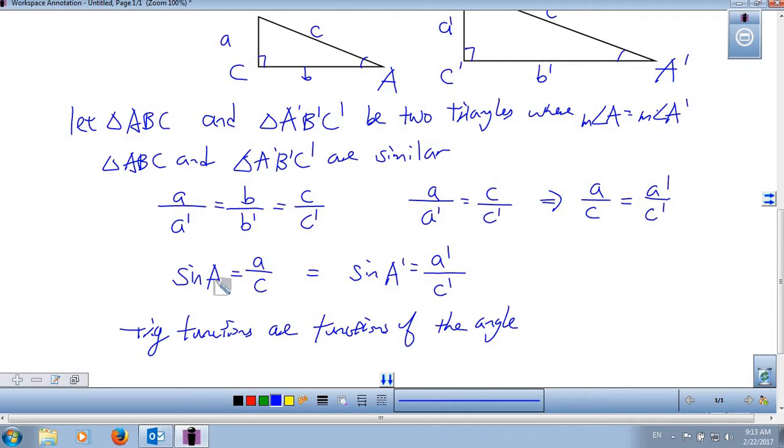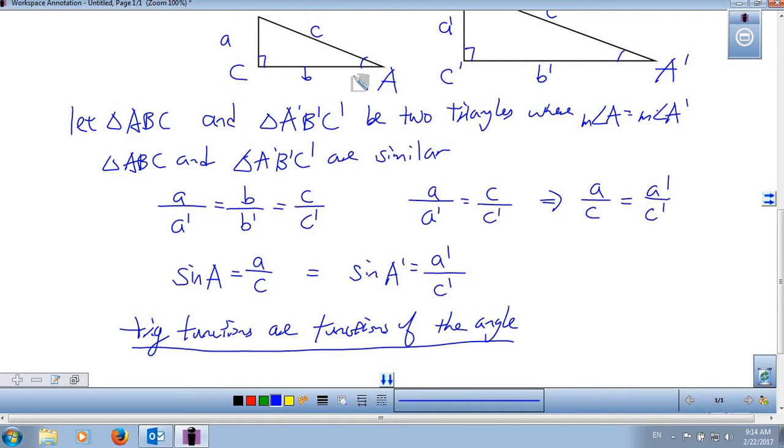If angle A is 35 degrees, and this angle A prime is 35 degrees, then it doesn't matter what kind of triangles they are in, they would have the same value for their sine, cosine, and tangent, and all those measurements would be the same. Okay, so this is a very important fact that you want to keep in mind. So you don't have to worry too much about the triangles.